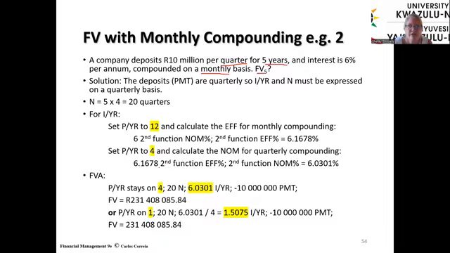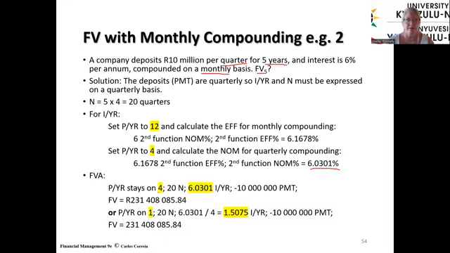We enter that newly calculated effective rate and ask for the nominal rate with quarterly compounding, and we get 6.0301. Now we can work with this rate because it's a nominal rate, but it's based on 6% per annum, compounded monthly, but converted to a quarterly compounded rate.